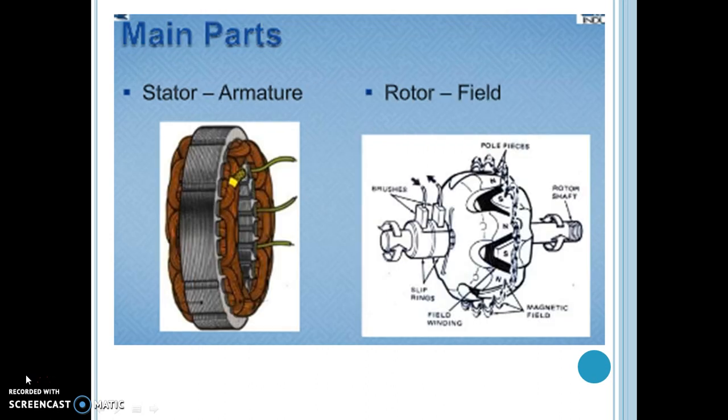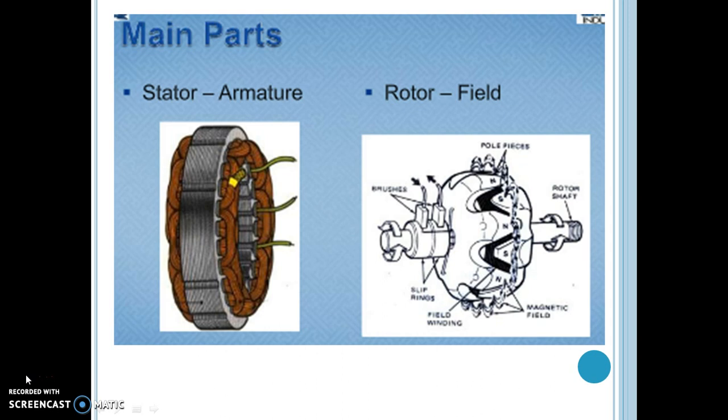And these synchronous machines, that is the synchronous generator or alternator or AC generator, consist of two main parts, that is a stator and a rotor. The main difference between a DC generator and an AC generator is the construction of stator and rotor.